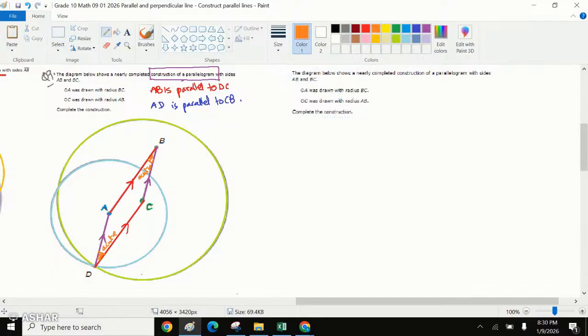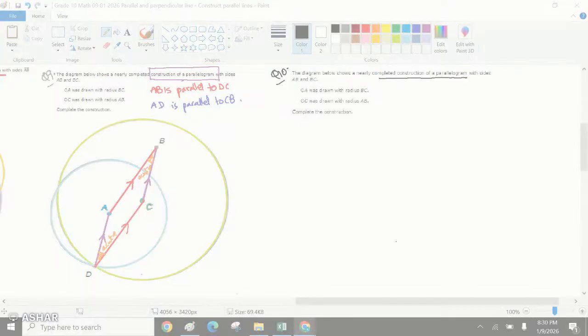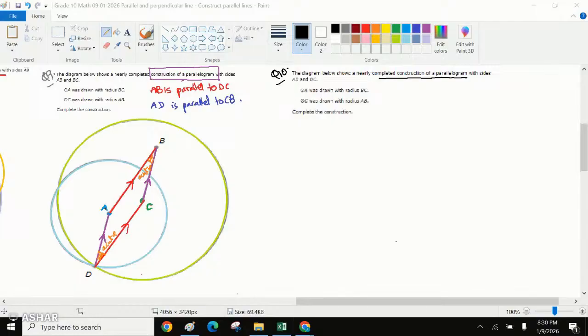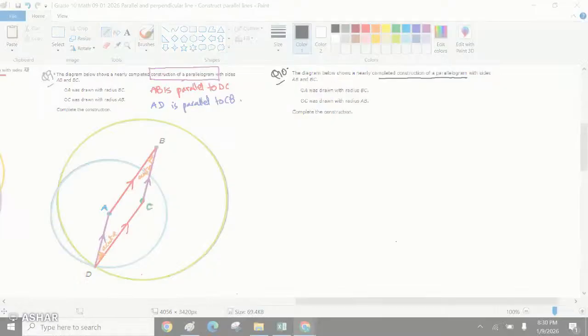Once we have done question number 10, let's see the same completed constructed parallelogram. And in the diagram, some information is given to us. I am not increasing the size of the text because the text we can easily read, right? For us, more important is the diagram.